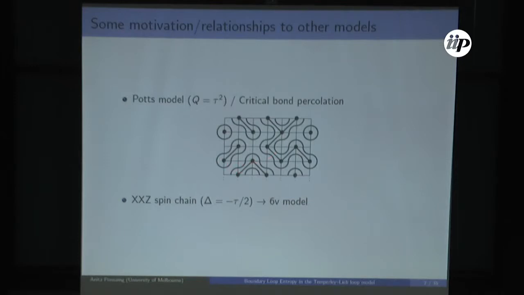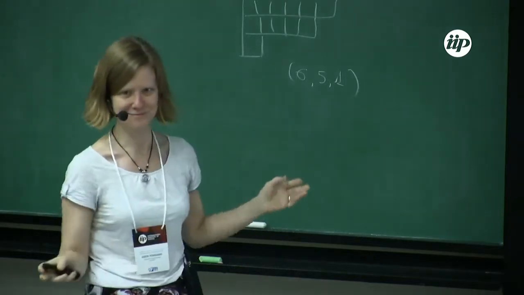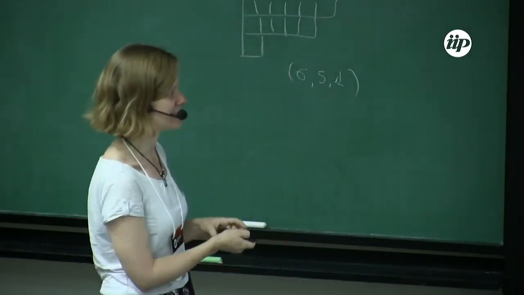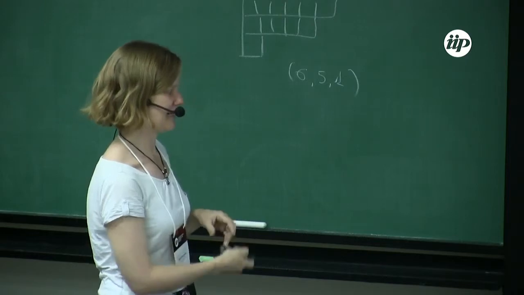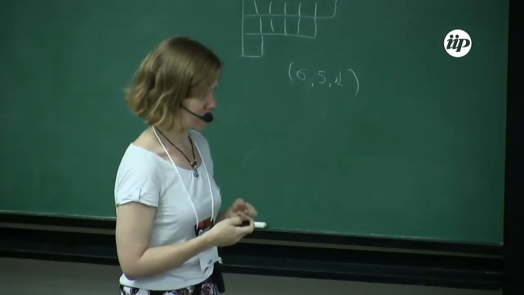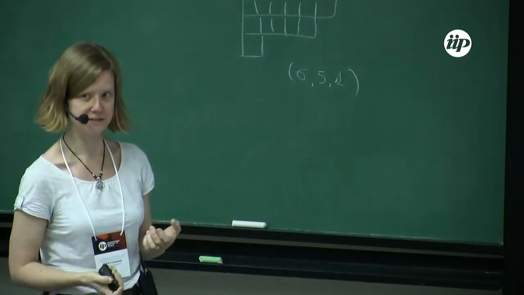And the loops can be drawn around these clusters of bonds, and they exactly form the Temperley-Lieb loop model. So anything that the cluster does, the loop does, basically. So the loops are the hulls of the percolation clusters. And it's also closely related to the XXZ spin chain and the 6-vertex model by consequence, because they've got the same Hamiltonian.